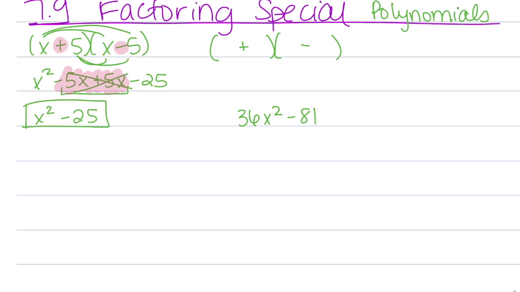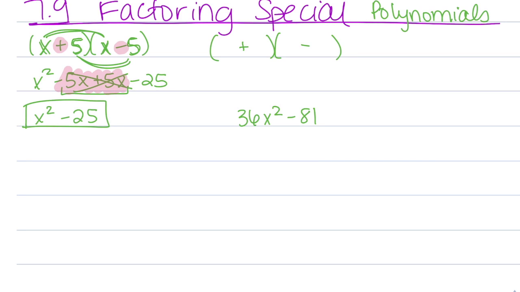We actually could just skip the multiplying of the outer and inner terms, so that we just multiply the first times the first and the last times the last. Notice how this x and this x are the exact same thing. We have 5 and 5, just different signs.